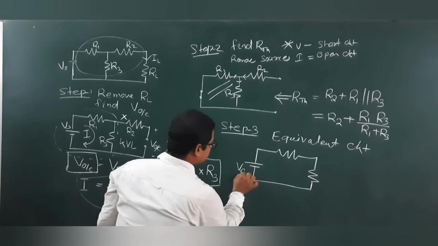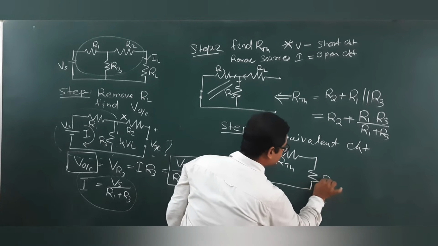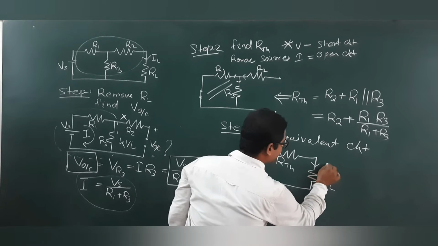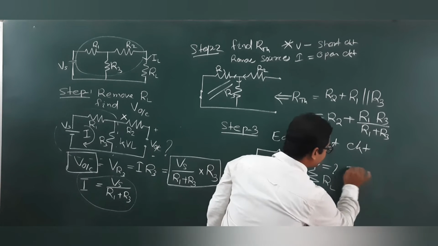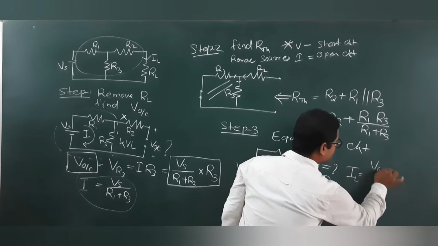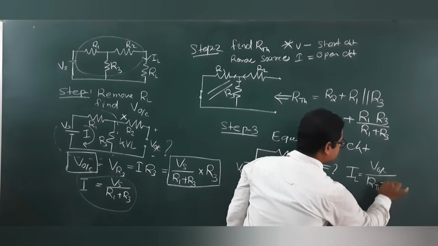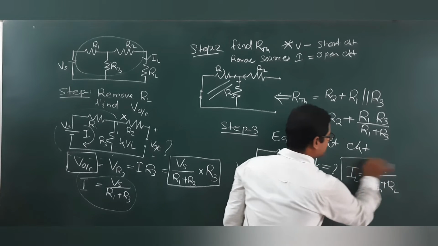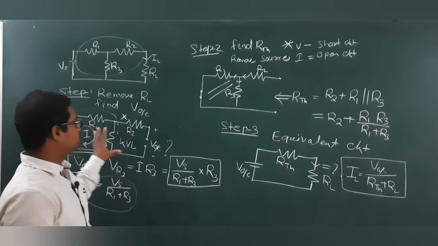This is your VOC, this is your RTH, and this is your RL, and your requirement is to find the current here. The current value IL is equal to VOC upon RTH plus RL. In this way you can solve the theorem.